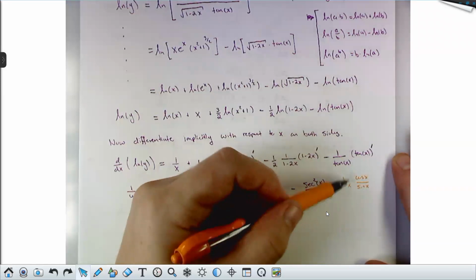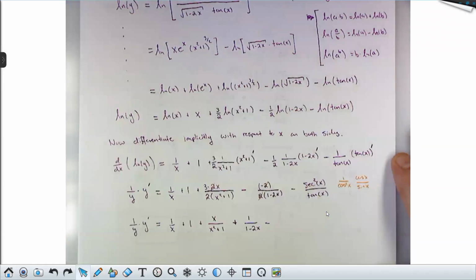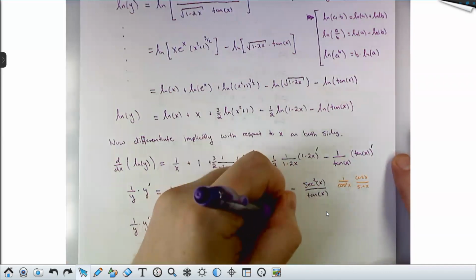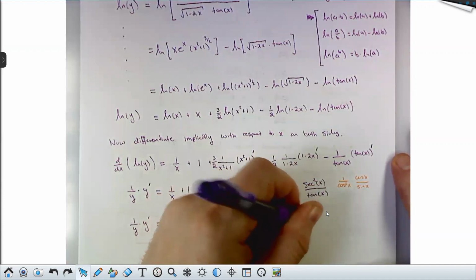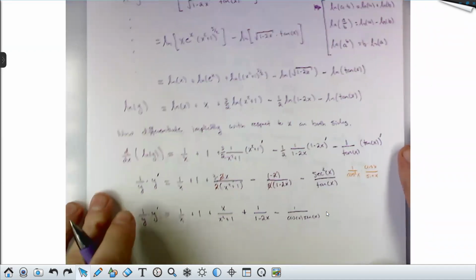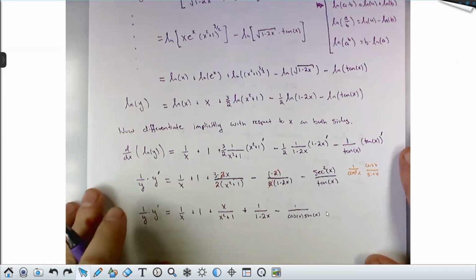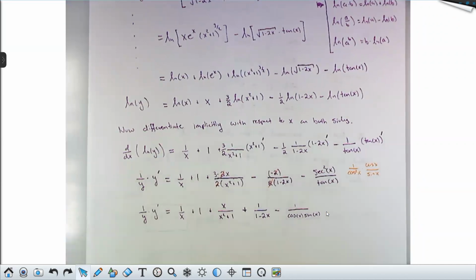Ooh, and we get not cos over sine, we get 1 over cos x sine x. Okay, yes, that's good. All right.